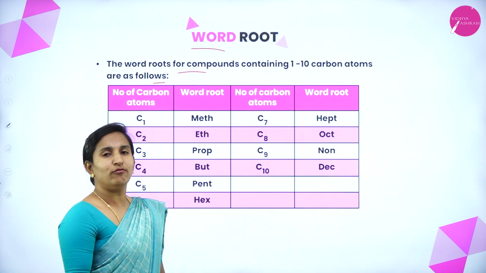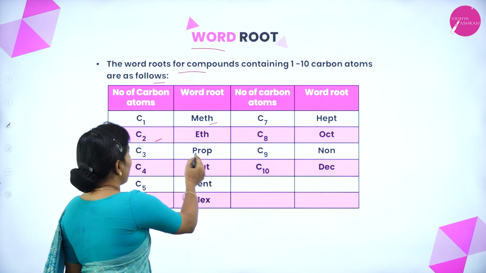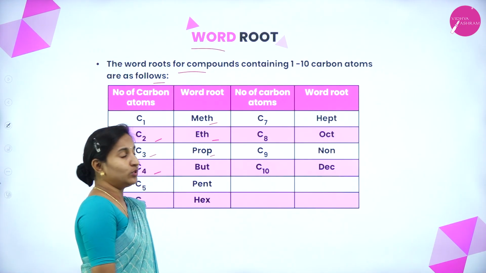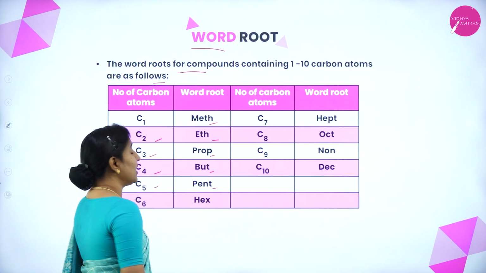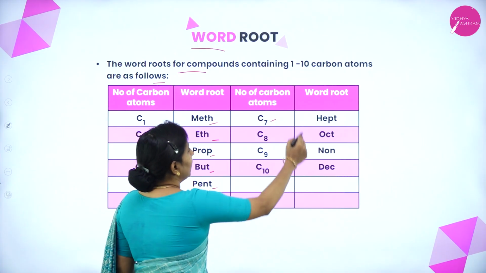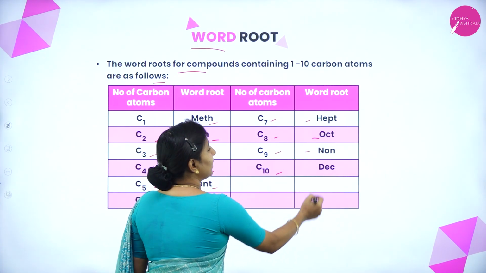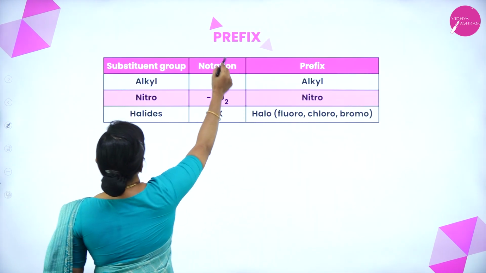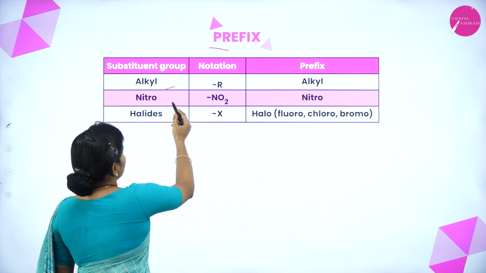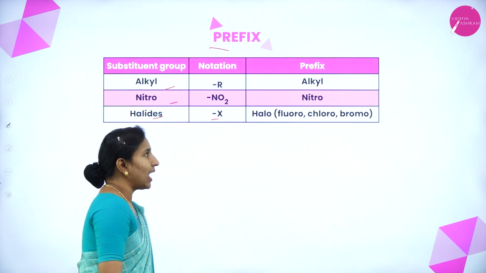One carbon is meth, 2 carbons eth, 3 carbons prop, 4 carbons but, 5 carbons pent, 6 carbons hex, 7 carbons hept, 8 carbons oct, 9 carbons non, and 10 carbons dec.